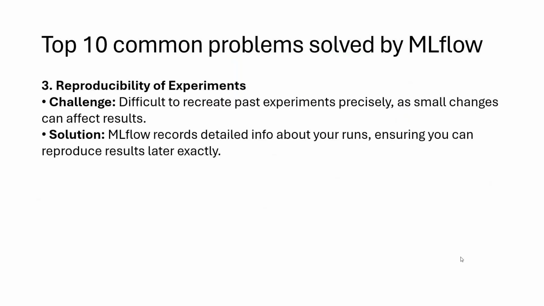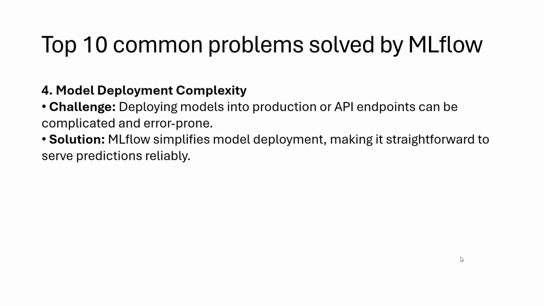Now, third one is reproducibility of experiments. Sometimes it's difficult to recreate a past experiment precisely, as small changes can affect results. Here, MLflow records detailed info about each of your runs, ensuring you can reproduce results later exactly.